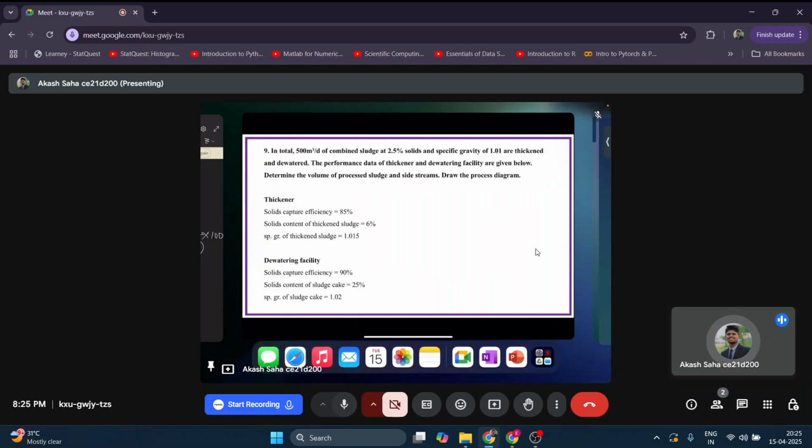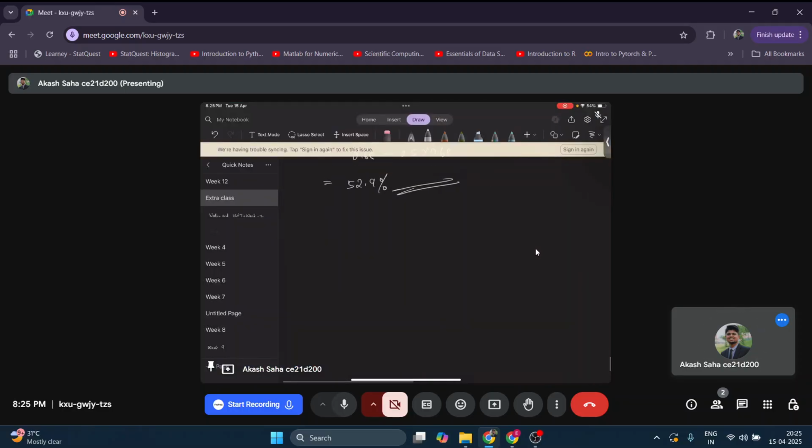So let's see how to solve this problem. So dry solids in raw combined sludge is equal to 500 meter cube per day into 2.5 kg of dry solids per 100 kg of wet sludge into 1010 kg per meter cube of wet sludge.